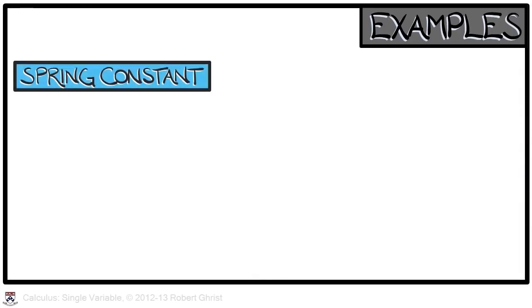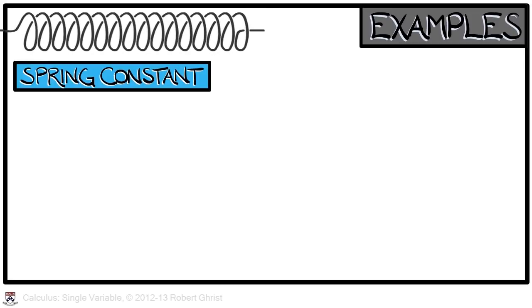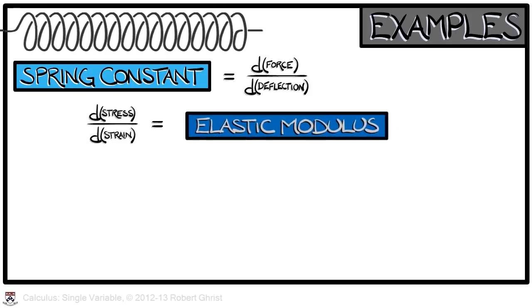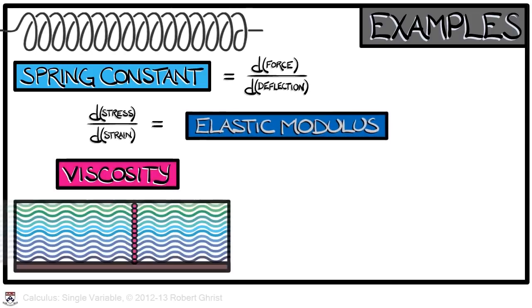There are many other examples of derivatives that are not necessarily rates of change with respect to time. If you look at a spring, one can define the spring constant as the rate of change of the force applied with respect to the deflection. The elastic modulus of a stretchy material is a rate of change of stress with respect to strain.